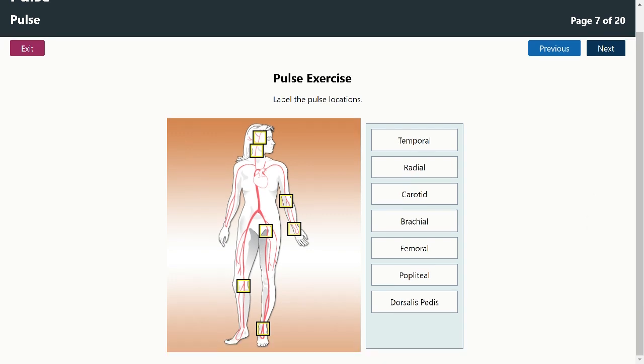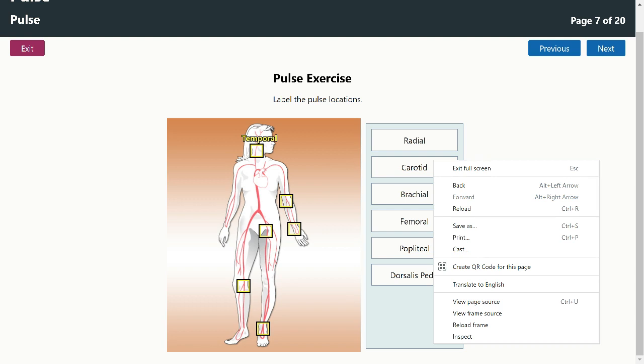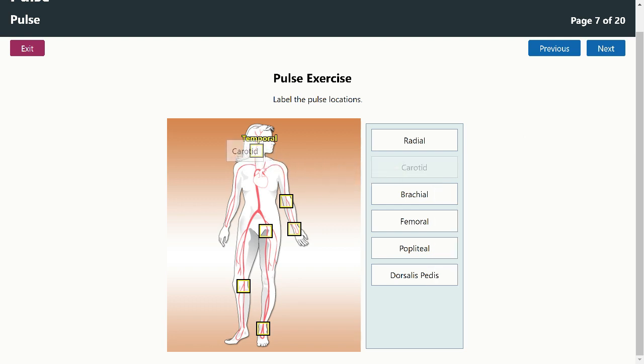All right, so which one is this one? Okay. Right here.